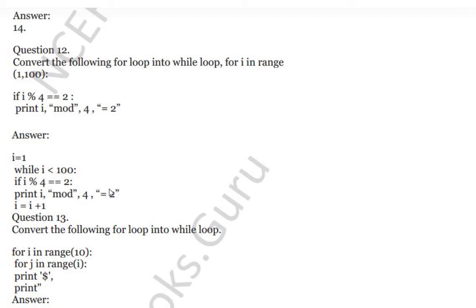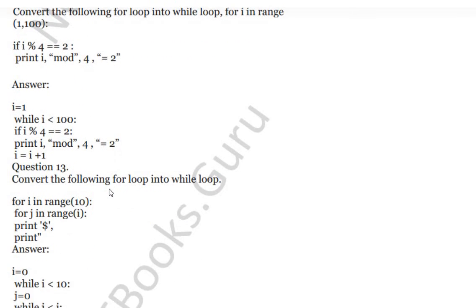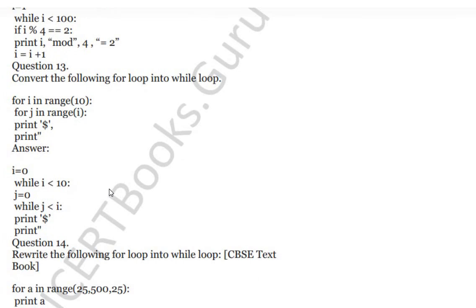The next question is again two for loops are given in this. For I in range 10, for j in range I, then print dollar. So you will see here in the first one, the initialized value is not given, so I is equals to 0.